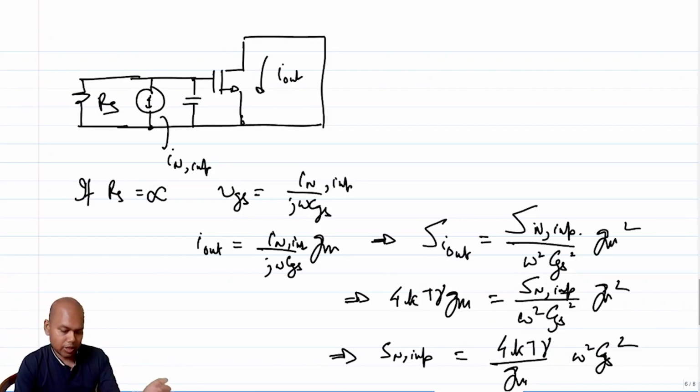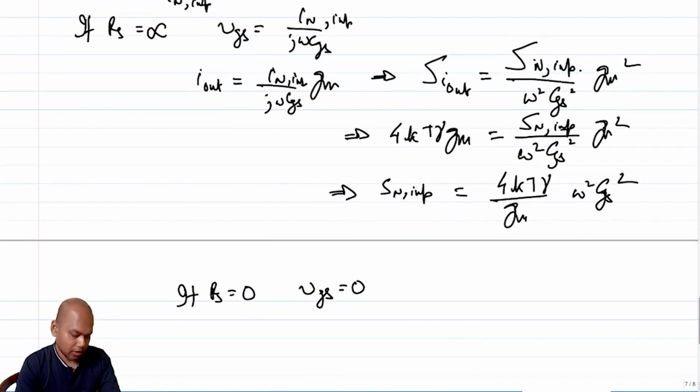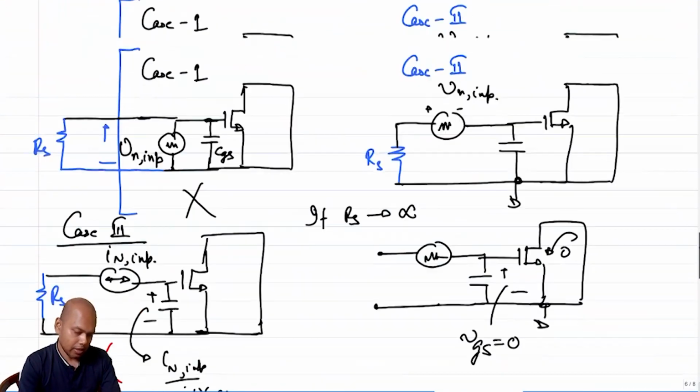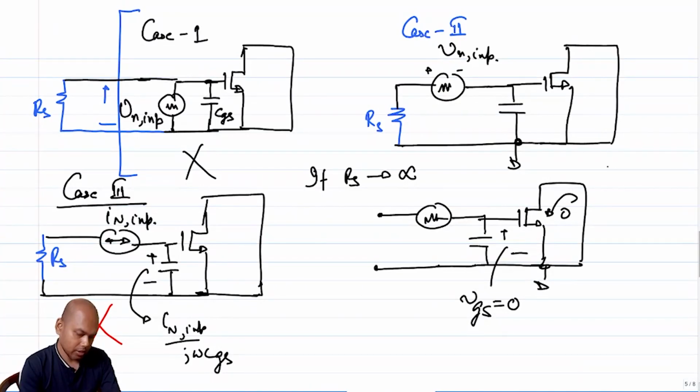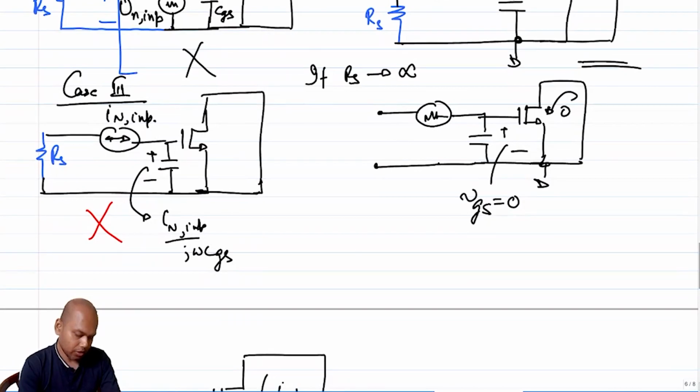So this model does not work when RS equal to 0, and this model does not work when RS equal to infinity. But does the voltage source model work when RS equal to 0? If RS equal to 0, this reduces to this model.